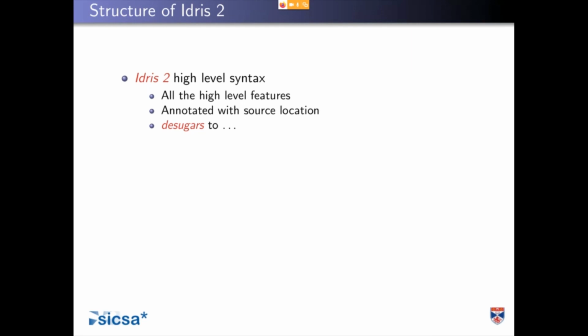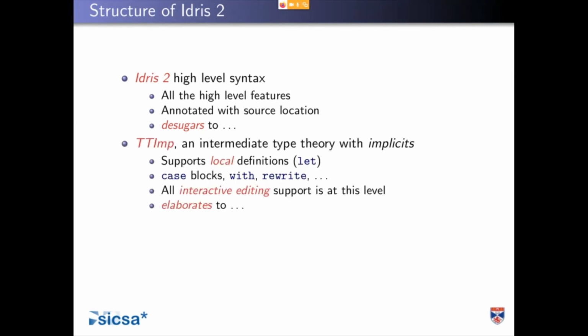So the desugaring step doesn't really do anything clever. It really is taking the high-level syntax and turning it, according to some relatively simple rules, into an intermediate representation called TT-imp. That's a type theory with implicit arguments. So that's still supporting some high-level features, but we've removed interfaces.